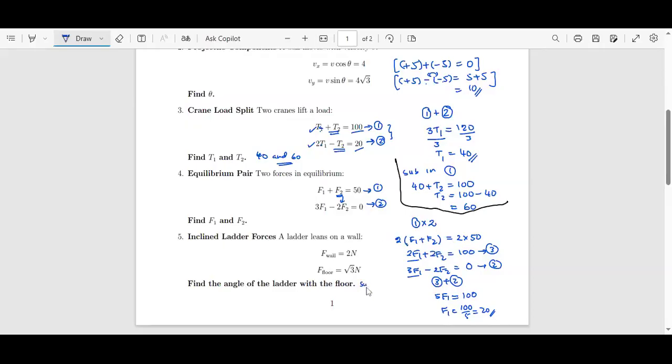Substitute this value in the first equation. f1 is 20, plus f2 equals 50. f2 is 50 minus 20, which is 30. So you have two values: f1 is 20, f2 is 30.